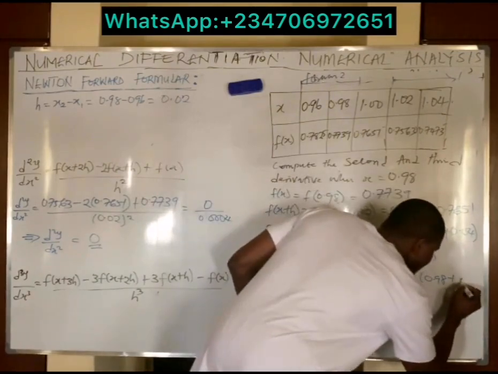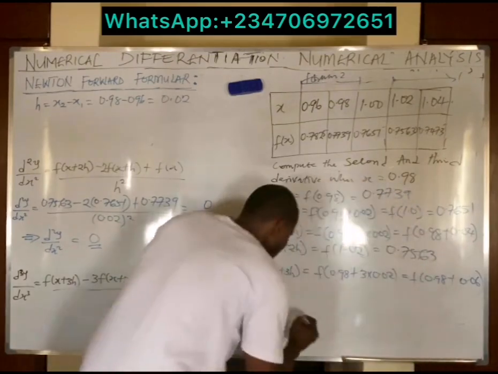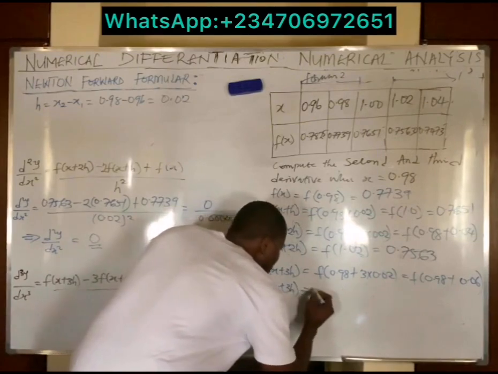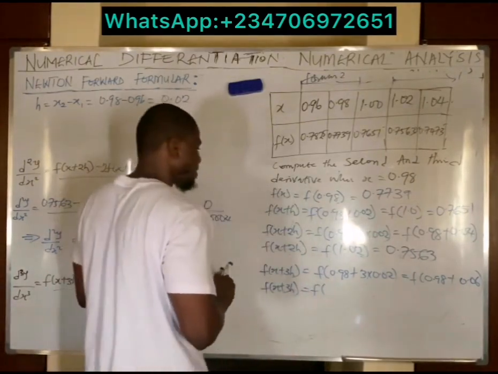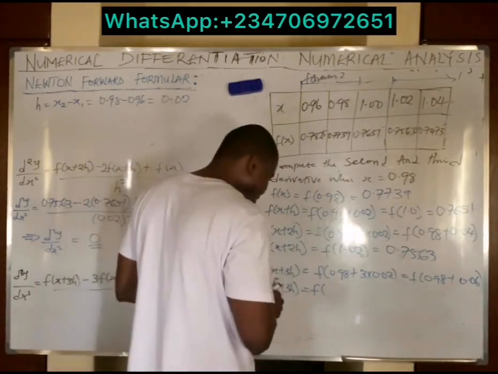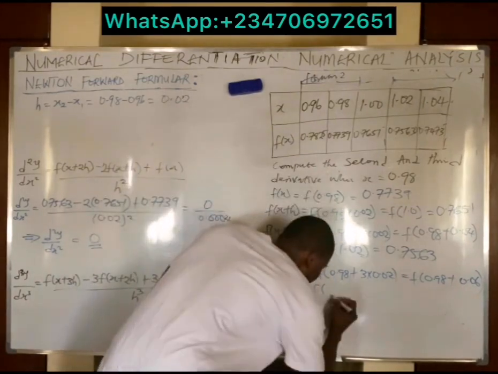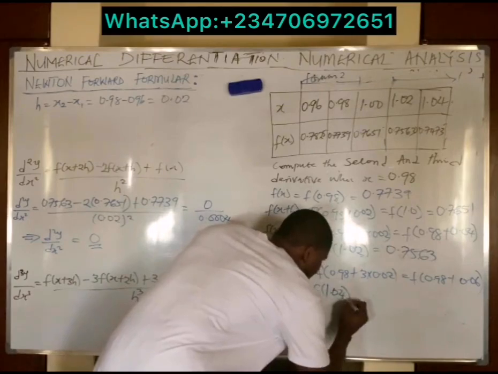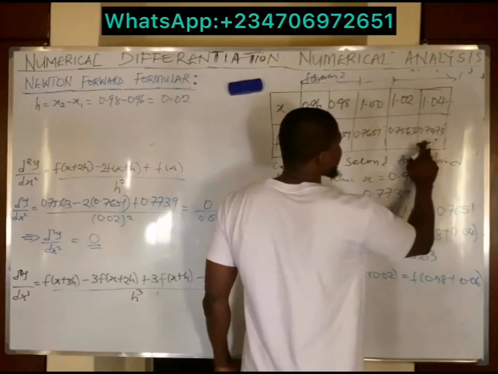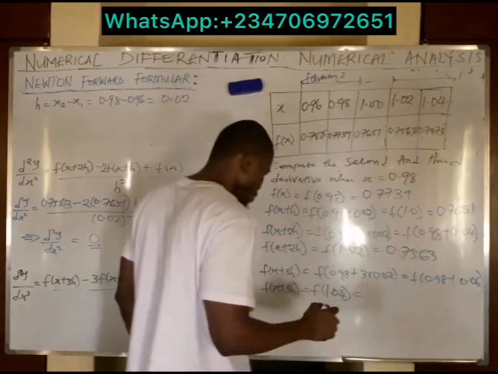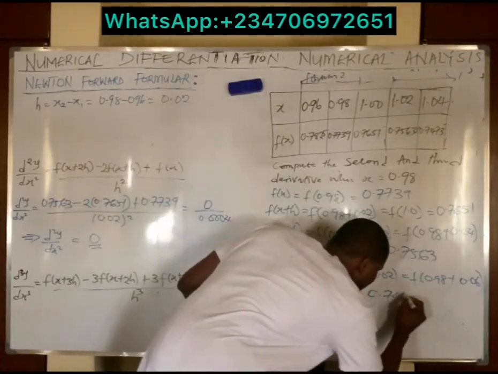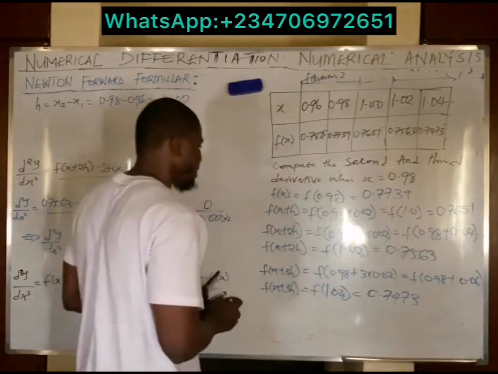So f of x plus 3h is f of 0.98 plus 0.06, and that simply gives us f of 1.04. From the table, when x is 1.04, f of x is equal to 0.7473.